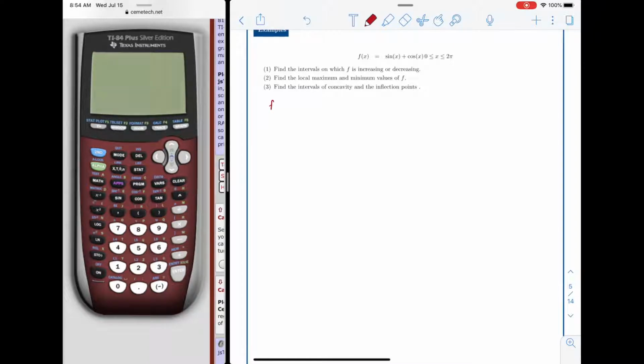So we have f prime of x is equal to the derivative of sine x, which is cosine x, and the derivative of cosine x, which is negative sine x. We set the derivative equal to 0 and solve for x.